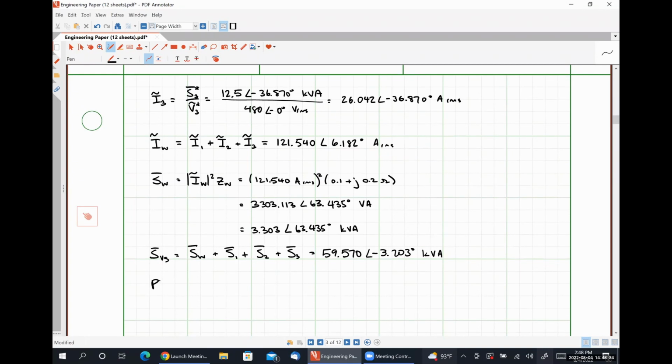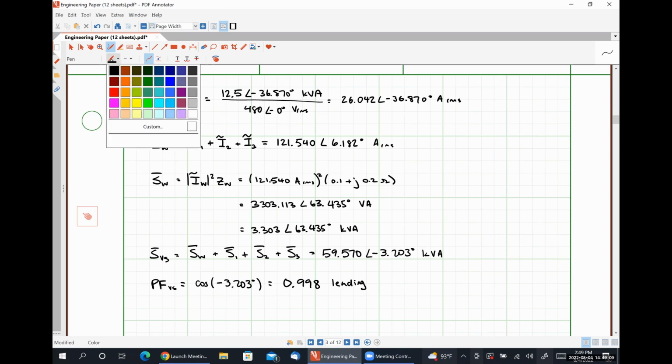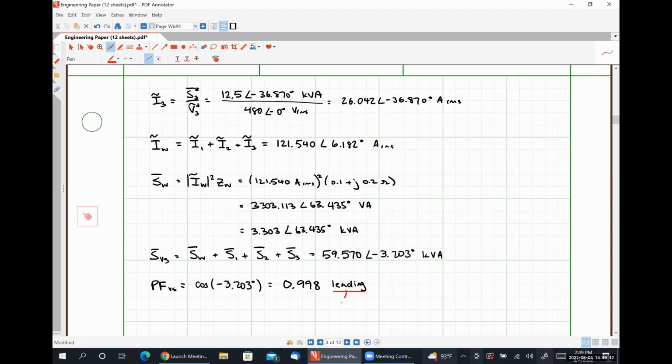The power factor at which the voltage source is supplying power is then the cosine of negative 3.203 degrees, which is 0.998 and some change. And this power factor is leading because the angle is negative.